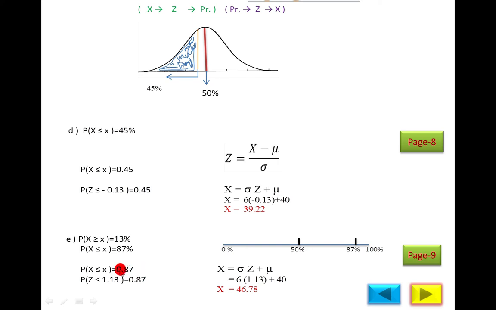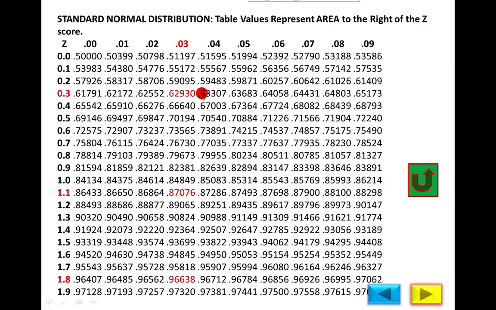Now we will find the value of z with the help of 0.87. This is the probability. Given on page number 9, find 0.87 in the same table. This is the nearest value, 0.87076. So the corresponding value of z is 1.13.